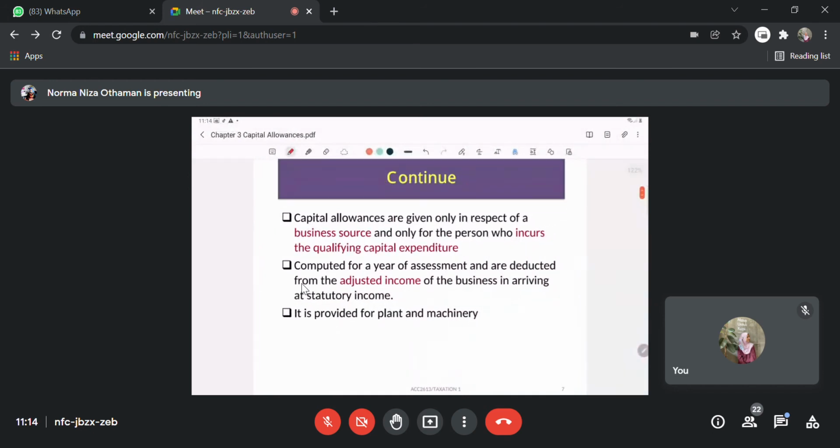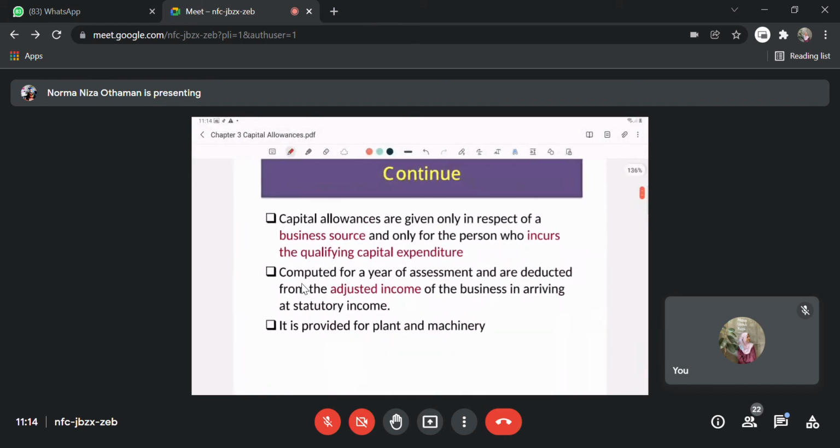So siapa yang layak dapat or claim the capital allowances? Kita kata kat sini capital allowances are given only in respect of business sources only. So the owner must conduct the business, baru dia boleh claim the capital allowances, and then the person must incur the qualifying capital expenditure.